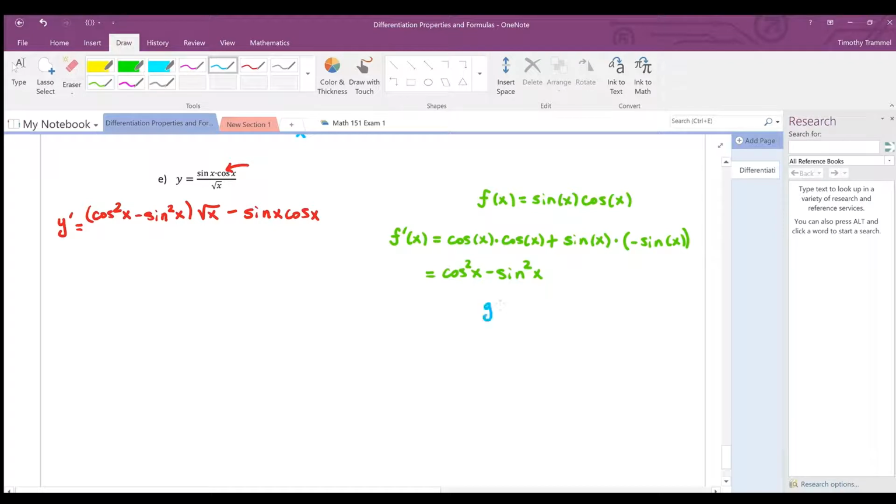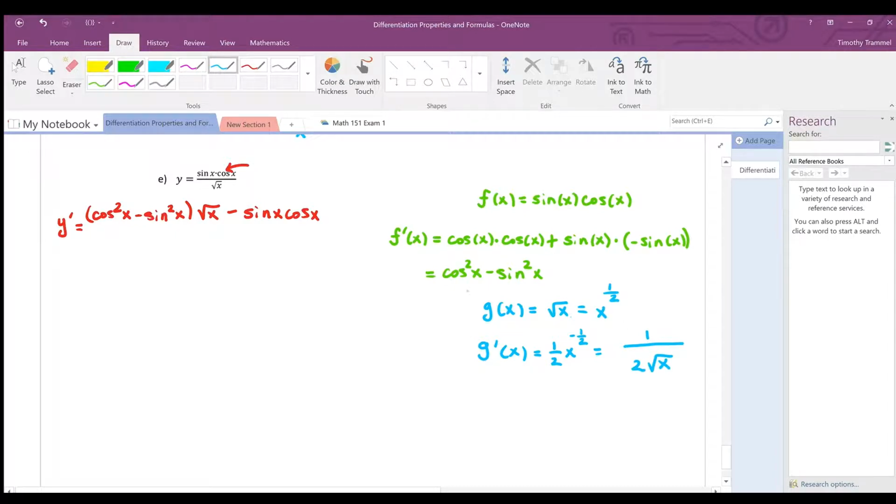So we have g of x is equal to the square root of x, or how about x to the 1/2, and therefore its derivative, we'll use the power rule to find, so 1/2 x to the minus 1/2, or if you want, how about 1 over 2 times the square root of x.